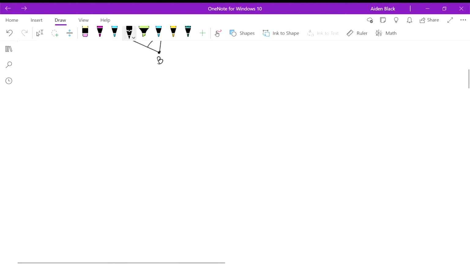Now let's look at the side angle side theorem.